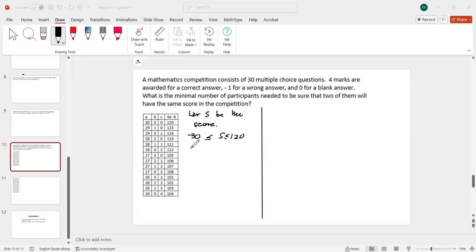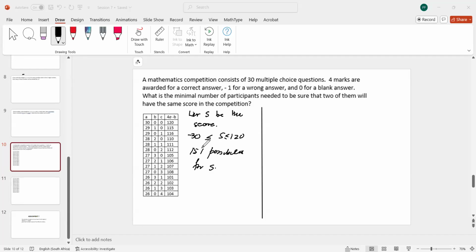So there are 151 possibilities for S. Because you've got 1 to 120, and you've got negative 1 to negative 30, so that gives you 30 plus 120, but you count the 0, so 151 possibilities for S.